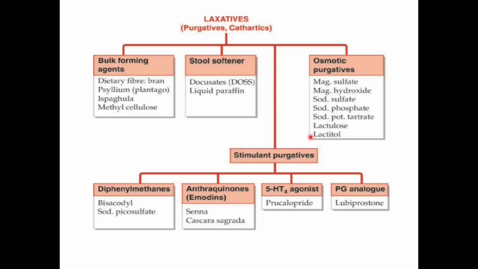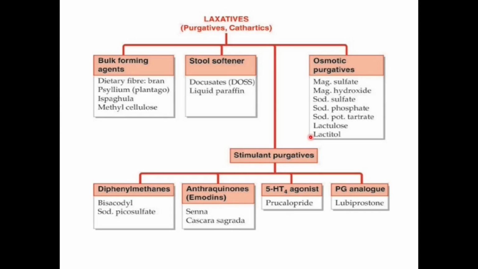This is the classification. Laxatives can be classified as: first, bulk forming and stool softeners, then stimulant purgatives, and osmotic purgatives. The bulk forming agents are the most commonly used laxative agents, such as dietary fiber, psyllium, ispagula, and methylcellulose.